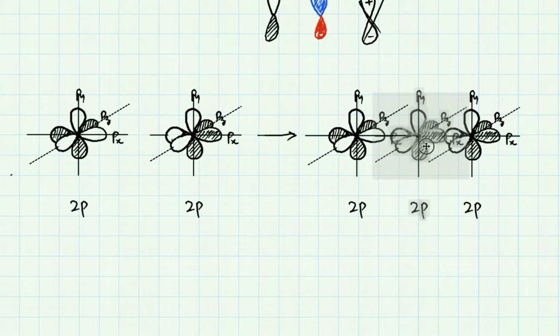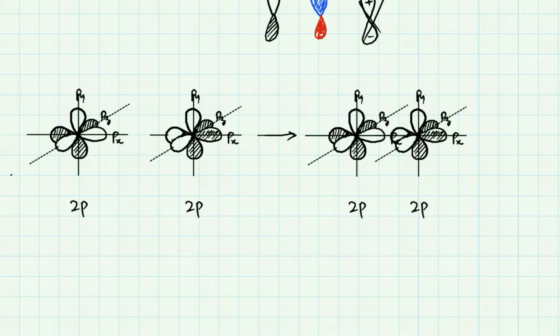Look at this p orbital. While they are coming together, these two p orbitals are combining in this approach.